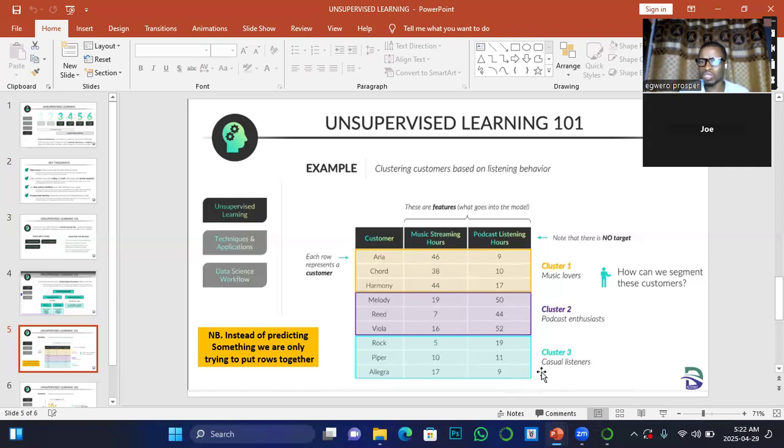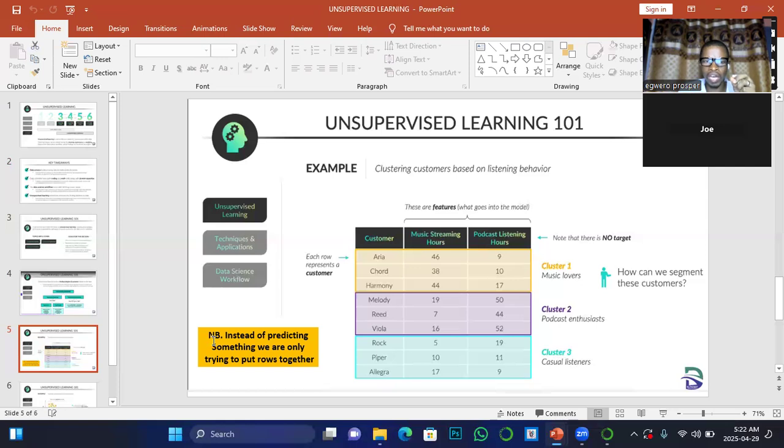So that is what you are trying to help your data scientist, or whoever is going to pass this data into an analysis model. You are trying to help the machine by grouping them first, because when they are not grouped, it will be difficult for the machine to perform predictive analysis, which is the focus of data science.